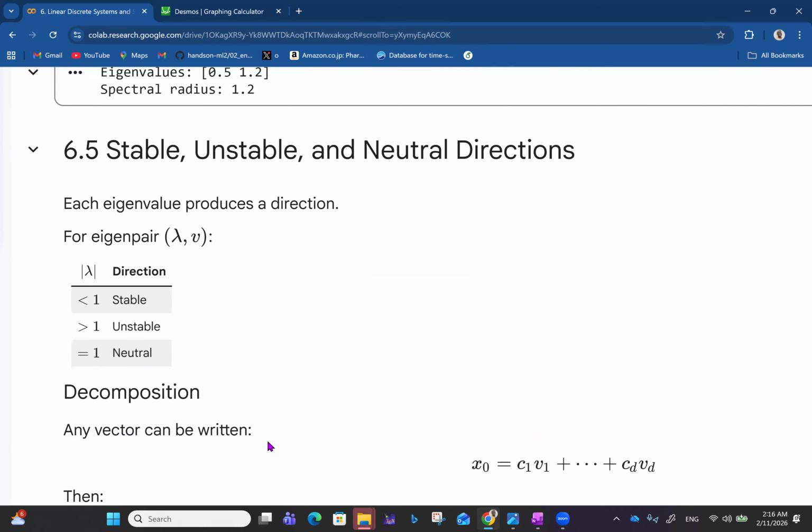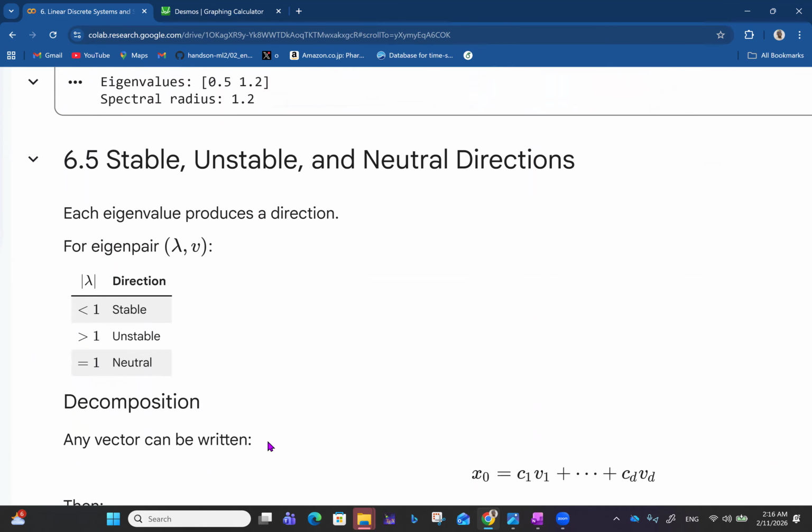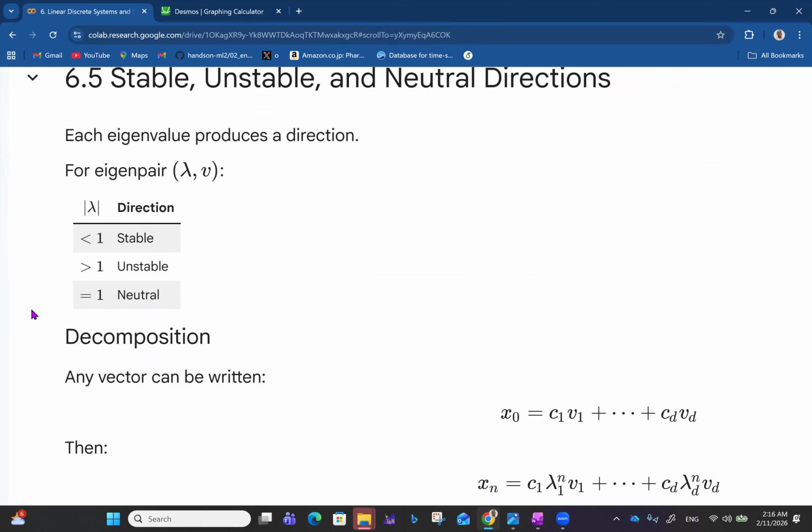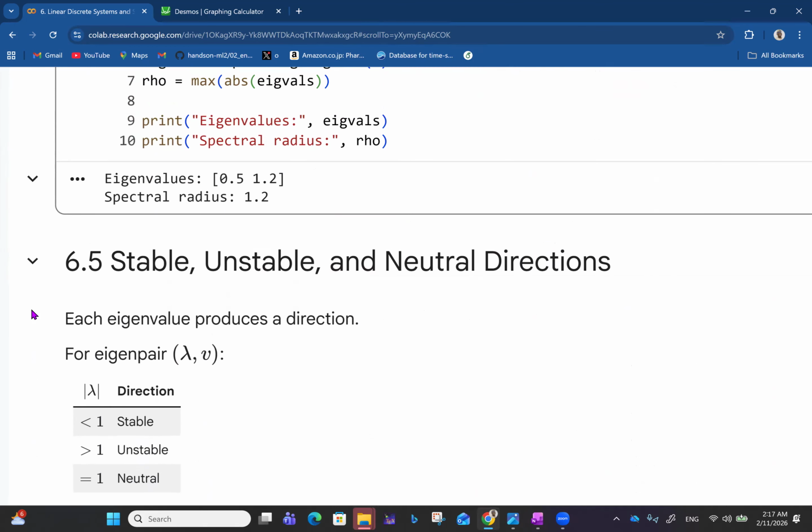Okay, and then we go for stable, unstable, and neutral directions. Each eigenvalue produces a direction. So for eigenpair lambda and v, the absolute value of lambda less than 1 is stable, greater than 1 is unstable, equal to 1 is neutral.